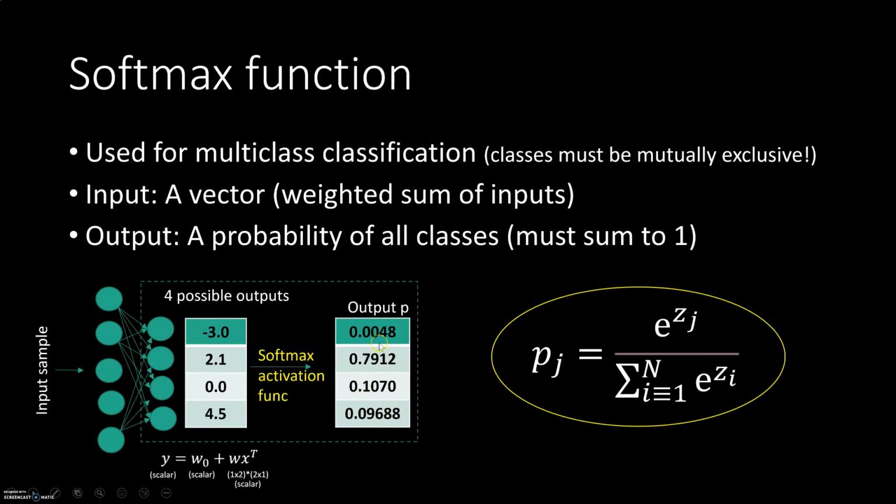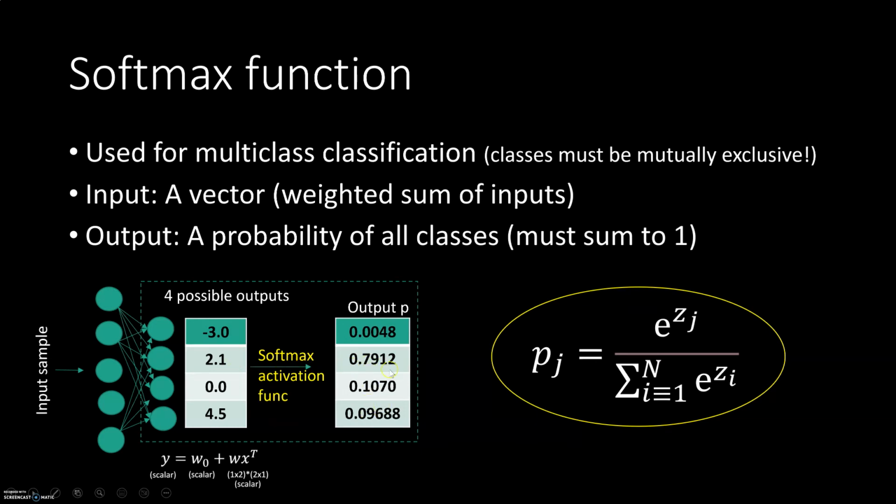The way we interpret the output is, when we give it an input sample, there are 4 possible outputs. Based on the output of the neurons, when it converts that into probabilities, the way it reads is, it has 0.0048 probability of predicting class 1, and 0.791 probability of predicting class 2, and so forth.